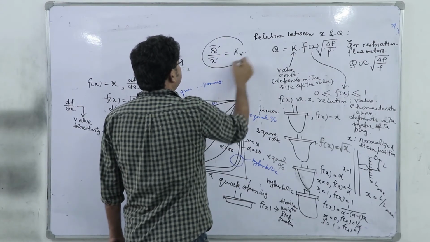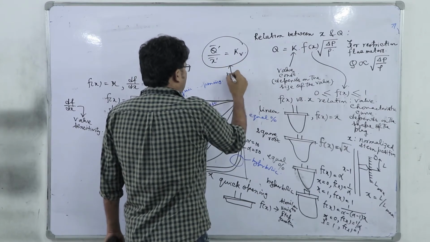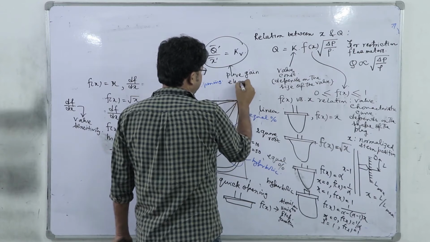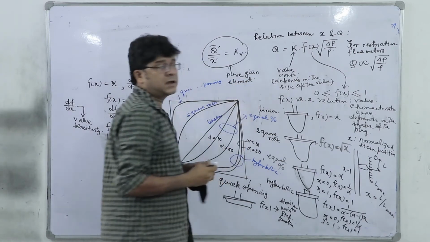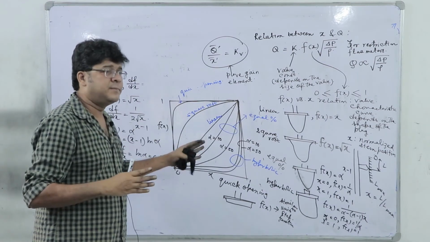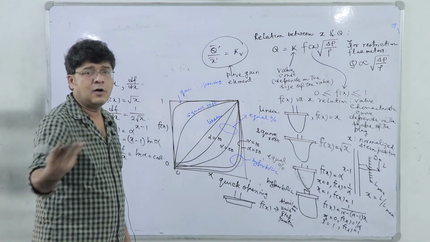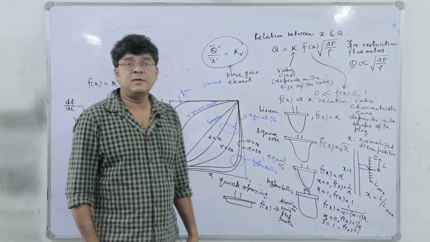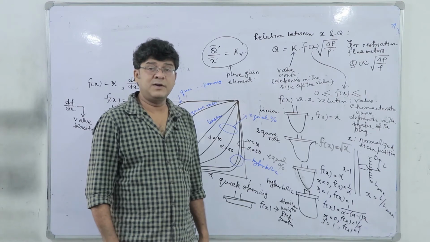So this is a pure gain element, right? Accordingly, a control valve, with input considered as F and output as the flow rate, may be a second order system, a first order system, or a pure gain element.